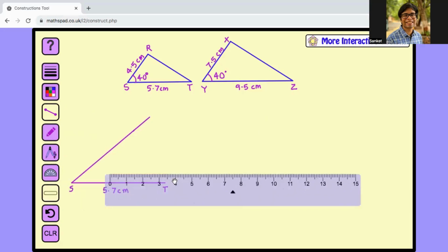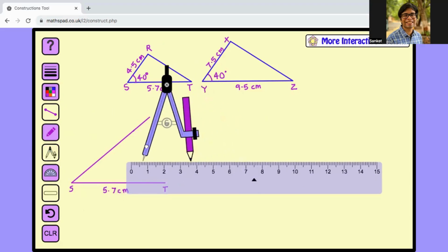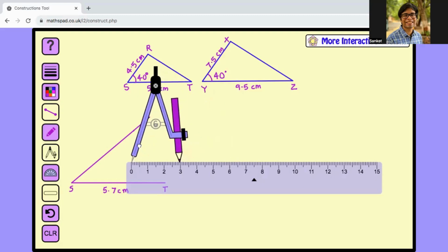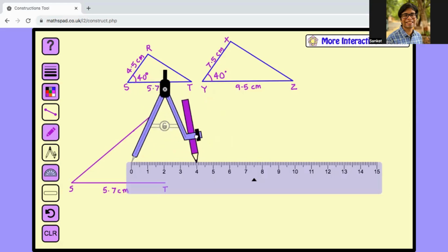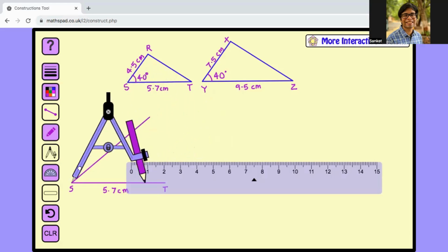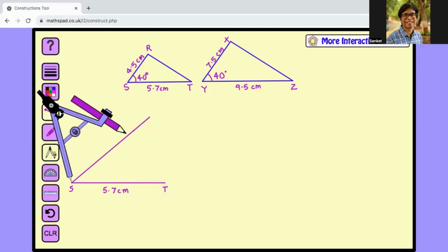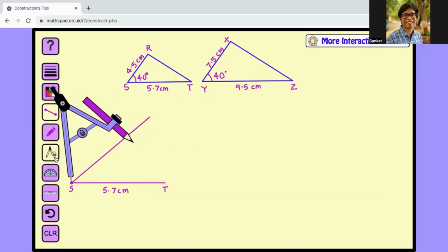Now I need my scale. To locate point R, I'm going to measure 4.5 on my compass. I'm going to keep my compass here and make an arc here. Going to keep my compass away.